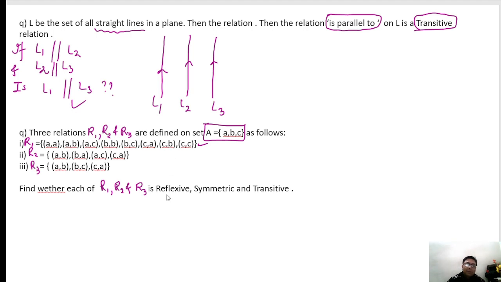For reflexive, what will we choose? The same number on both sides. So for A, B, C you should have (A, A) yes, (B, B) yes, (C, C) yes. That means R1 is reflexive.